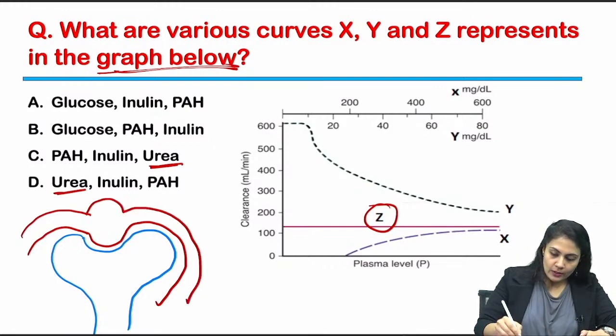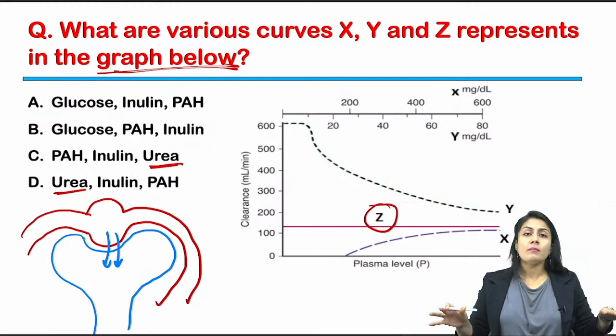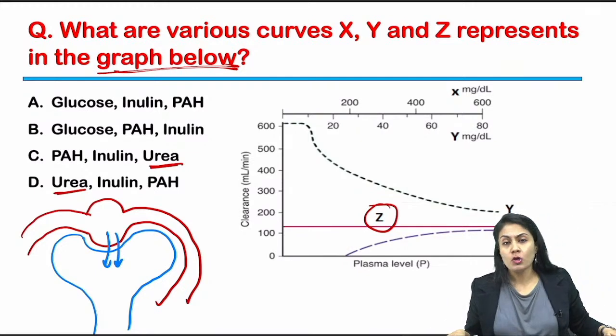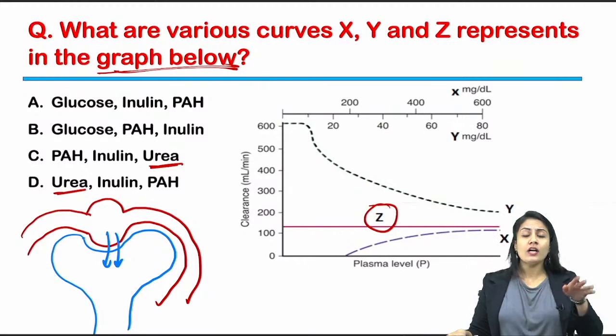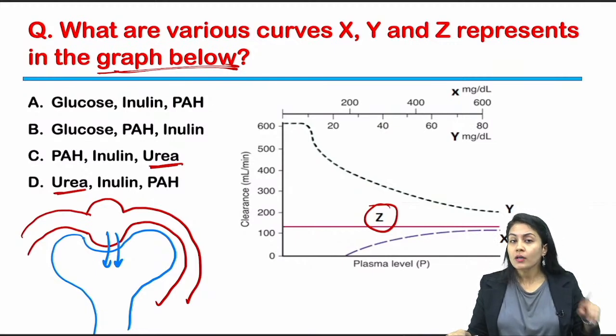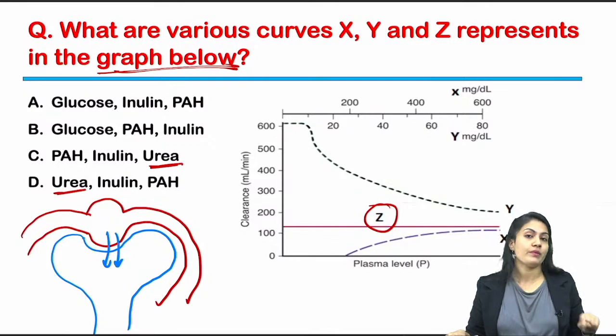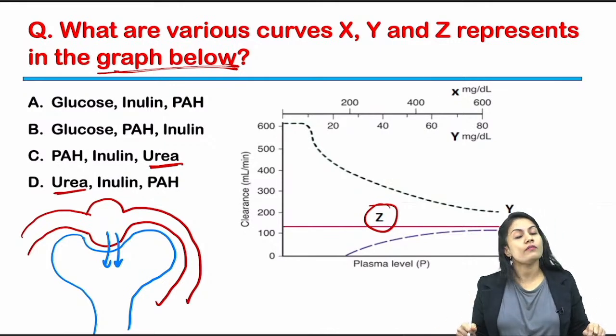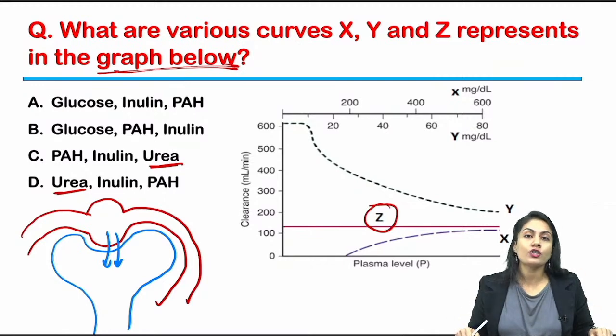Okay. Now inulin is the only substance which gets only filtered. It doesn't matter if you increase or decrease the plasma concentration. It is not dependent on the plasma concentration. It is dependent on the filtration rate. So it is going to be constant even if we increase the plasma concentration, right? The fraction of filtration is going to be the same.